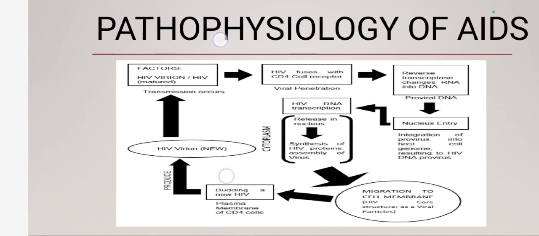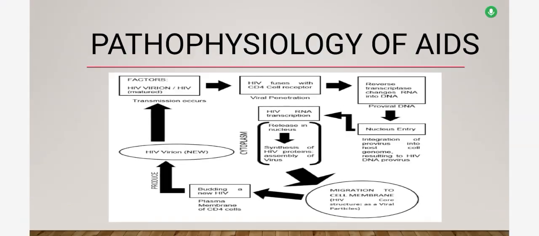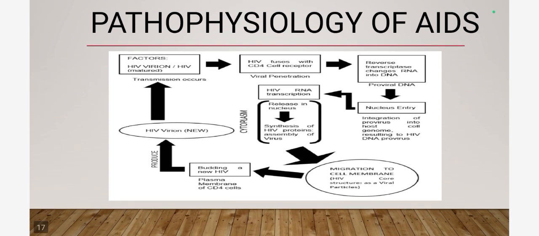Here we have the factors, which is the HIV variant that becomes matured. After the HIV variant is matured, the HIV fuses with the CD4 cell receptor, and the reverse transcriptase changes the RNA into DNA. Then there is nuclear entry, which is the integration of the provirus into the host cell genome, resulting in the HIV DNA provirus.